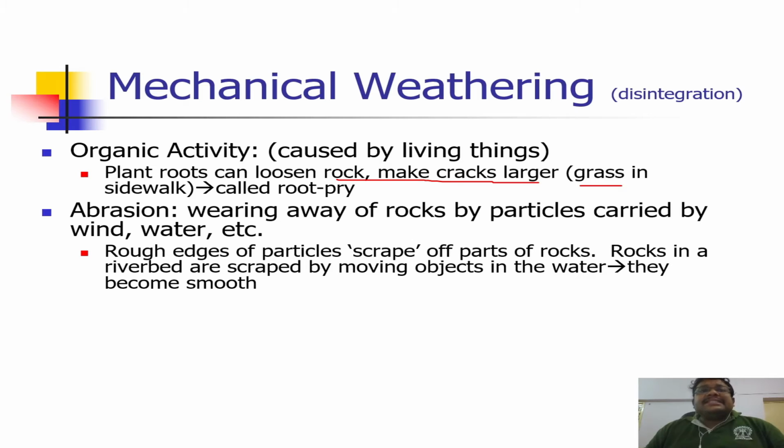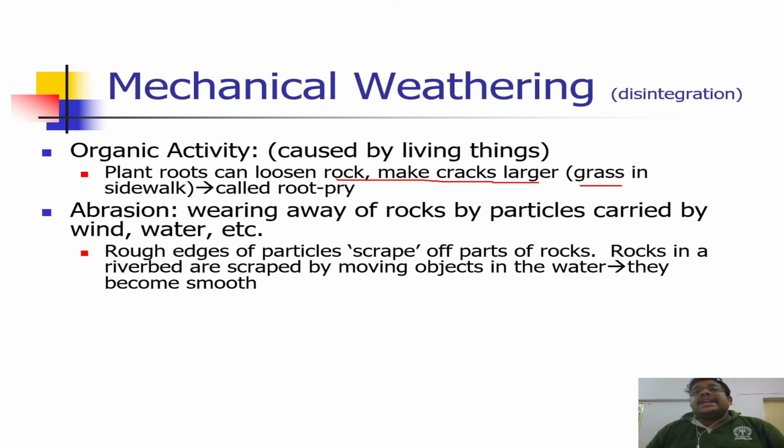Another important aspect is abrasion. Abrasion is basically the wearing away of rocks by particles carried by wind and water. I told you that water is one of the important agents of physical weathering.